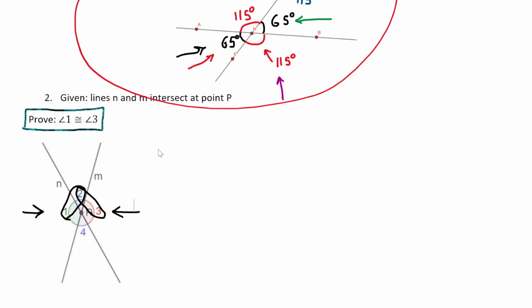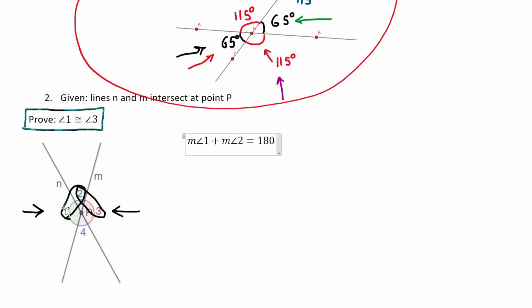Okay, so here's how it's going to go. Let me see if I can type in here. Yes, I can. Okay, so here's how this is going to go. I have that the measurement of angle 1 plus measurement of angle 2 equals 180.